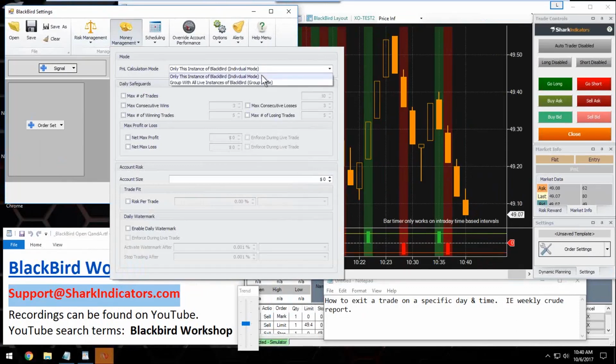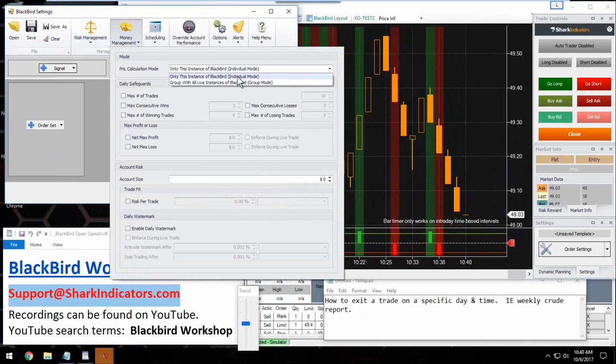So there's two different modes here. There's individual mode, right? Now this is NinjaTrader's standard mode of operation here. The way NinjaTrader designed strategies to work is, they only can keep track of their own profits and losses, P&Ls.